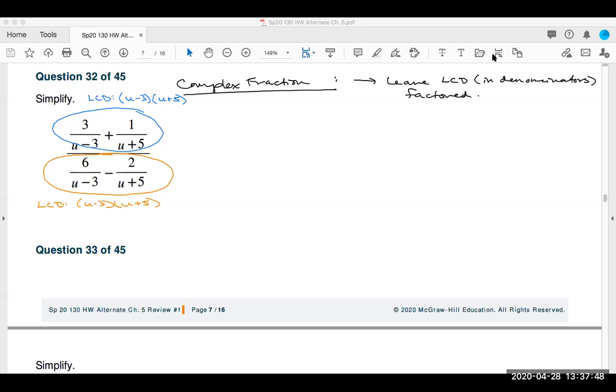Okay, so for the numerator, that'll be in blue. We have 3 times u minus 3, the fraction already. We're going to be multiplying that by u plus 5 over u plus 5. And then for the second part, we have 1 over u plus 5. We're going to be multiplying that by u minus 3 over u minus 3.